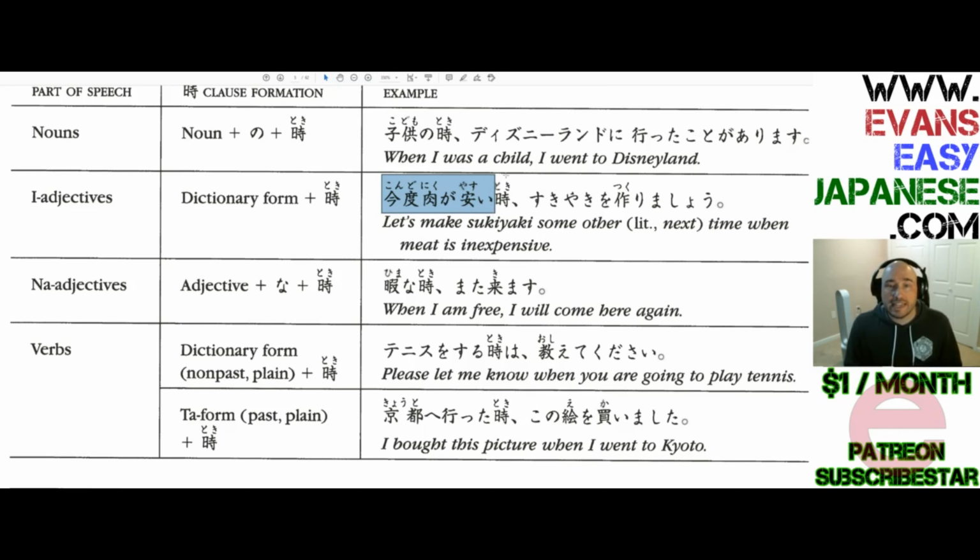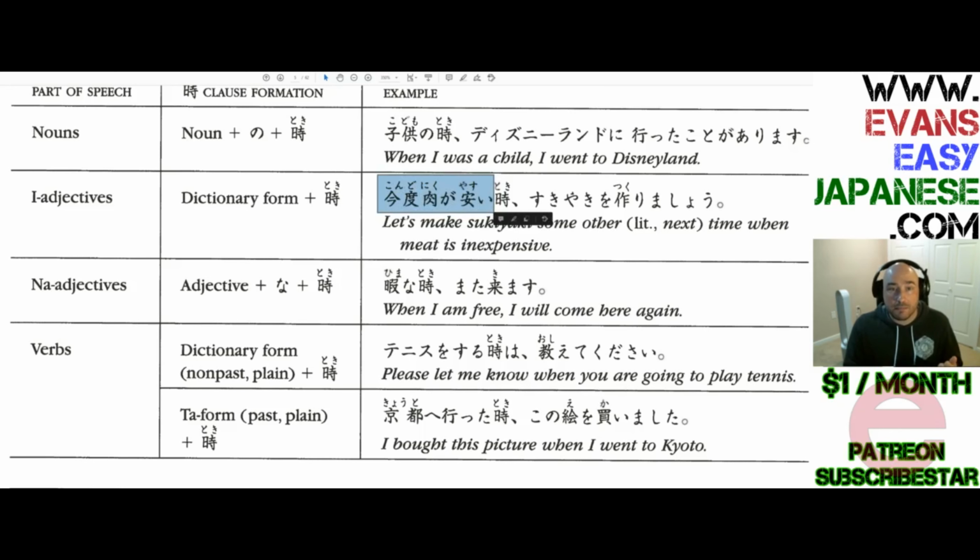So notice, we don't need des after it. If you're still at the level where you think des exists in every sentence, which it kind of feels that way when you're learning, it doesn't need to. The e-adjectives by themselves have the word is in them, so the idea of be in them. So kondo niku ga yasui.